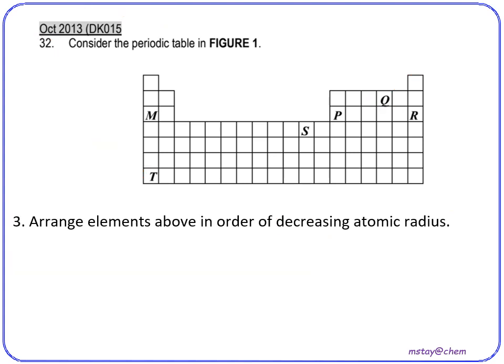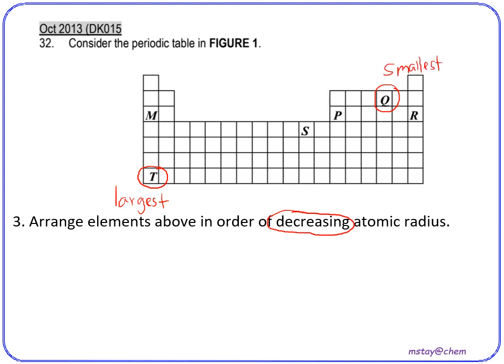The last question that we are going to answer here, based on the figure above: arrange the elements in order of decreasing atomic radius. If you still remember, previously we said element T has the largest size, while element Q has the smaller size.